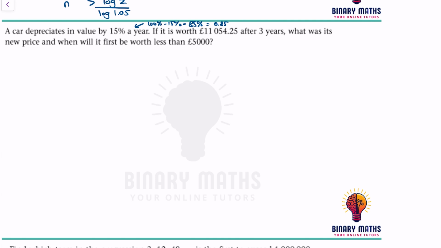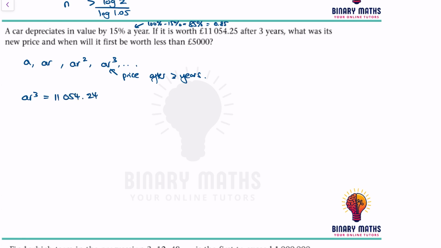So if the original price is A, after 1 year it will be A times R, after 2 years it will be A times R squared, and after 3 years it will be A times R cubed. So this is the price after 3 years. So that means A R cubed is equal to 11,054.25.